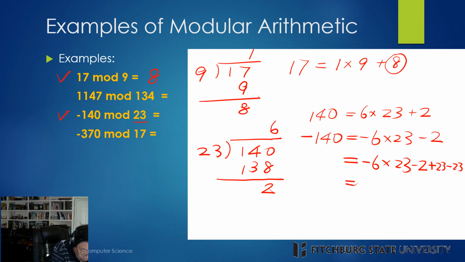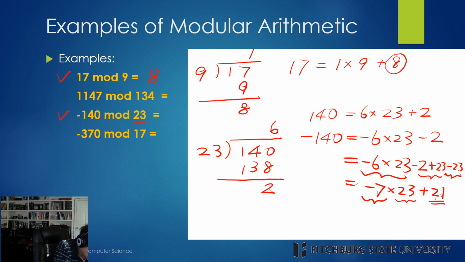Now with the negative 23 and the negative 6 times 23, we can put these together. We get negative 7 times 23, and 23 minus 2, we get 21, right? So we can write negative 140 as the quotient negative 7 times 23 plus 21, which is a positive number less than 23. So the answer is 21 in this case.